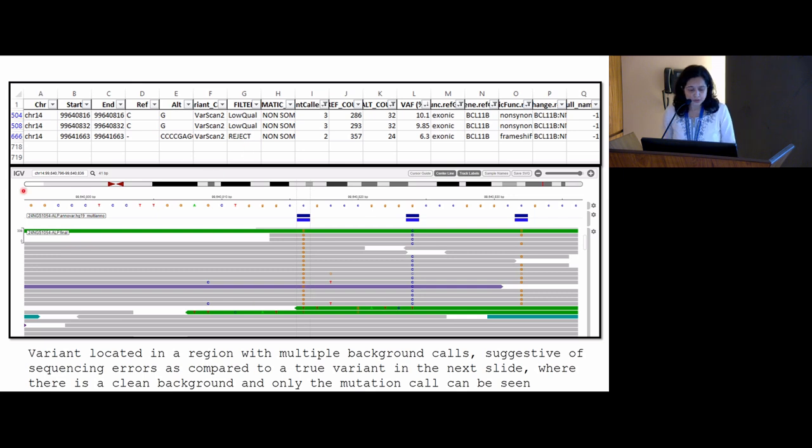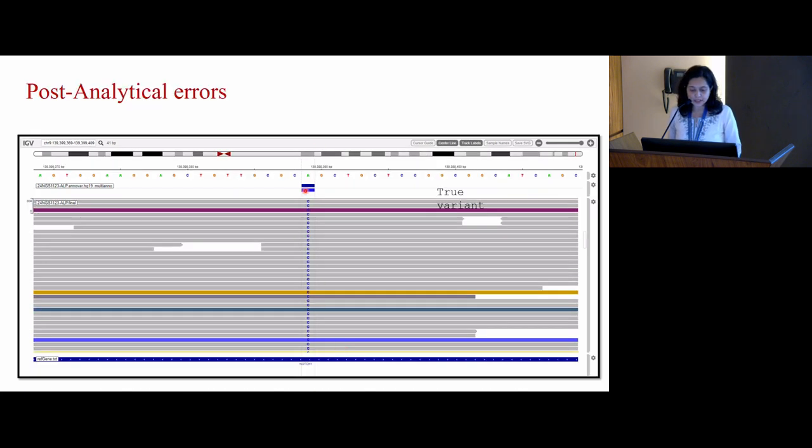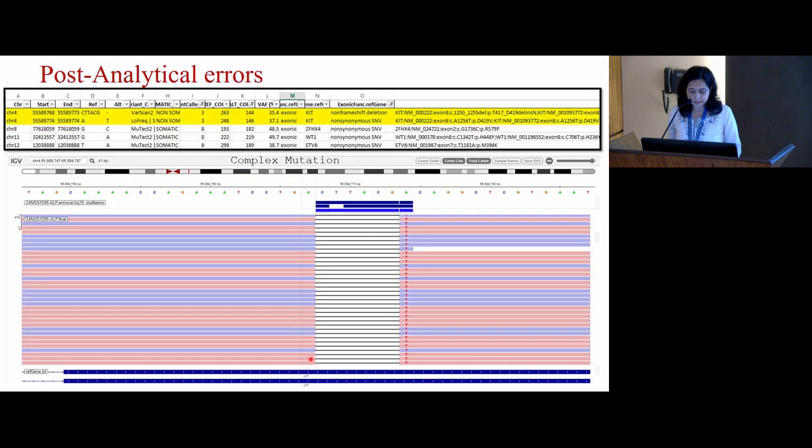When we checked the data, you can see here multiple background calls, and sometimes C changes to T, and some T bases are also there. So it is suggested that this is a sequencing error. However, you can see here it is a proper true calling, true mutations, true variants. Here A is changing to C in all the reads.